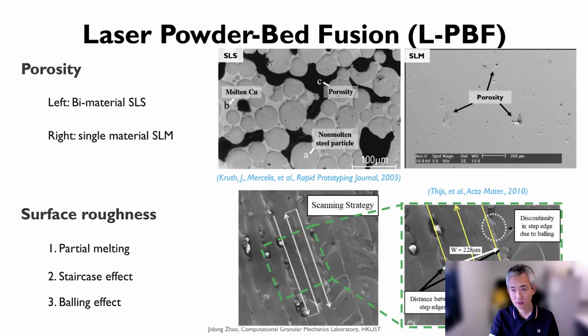Okay, and so in both ways, you can see this selective laser sintering can create bigger pores. The pores can significantly lower the strength, and so even though it is conventionally easier, it's not preferred to manufacture very high strength parts here.